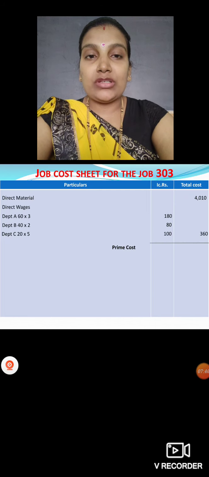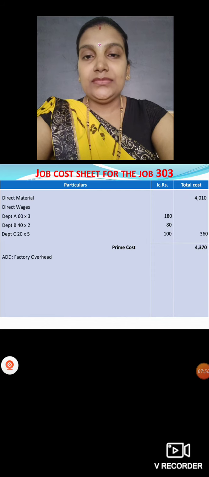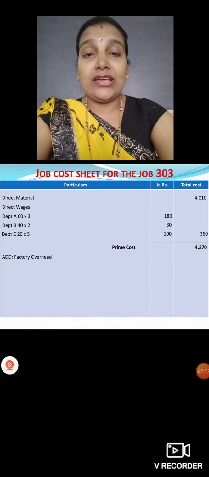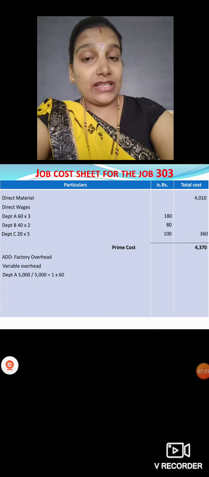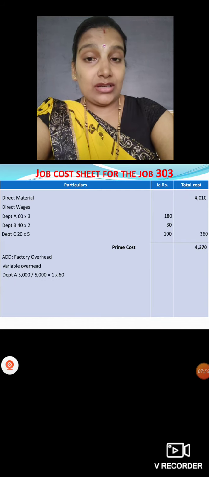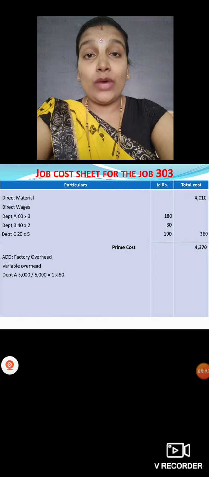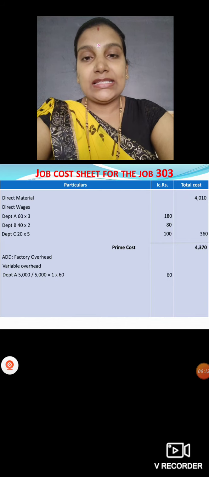So prime cost, how much we will get? 4370. Then factory overhead we should add. Here we have variable overhead. Department A, 5000 rupees they have given for 5000 labor hours. So 5000 divided by 5000 you will get rupees 1 per hour. For that you have to multiply with 60 hours. So 1 rupee into 60 hours, you will get 60.